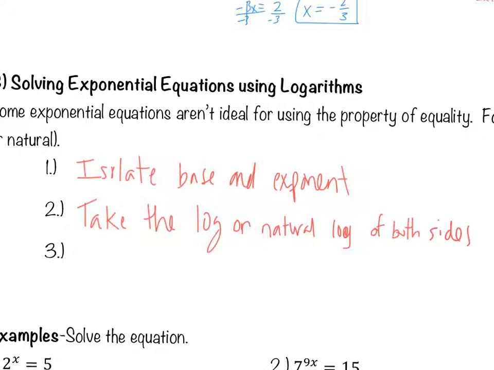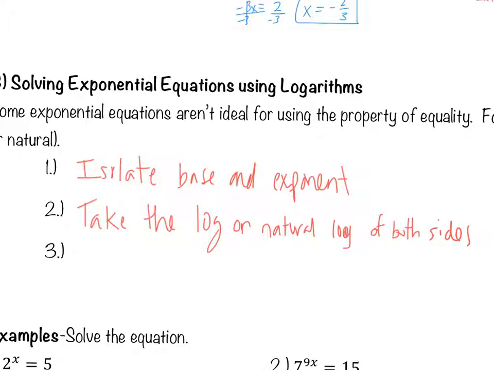Remember that logs and exponents are inverses of each other, they're opposites of each other, which is why when you have addition, you subtract, when you have division, you multiply, and when you have a square root, you square. When you have an exponent, the opposite is a log, so you're going to log both sides, and that will allow you to pull the exponent down using the power property.